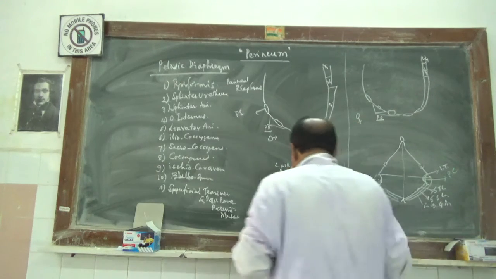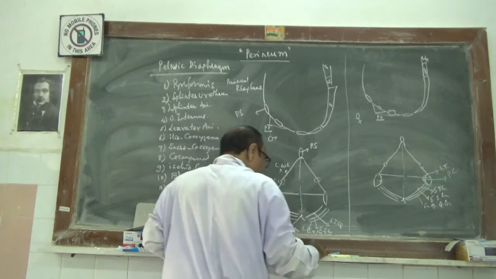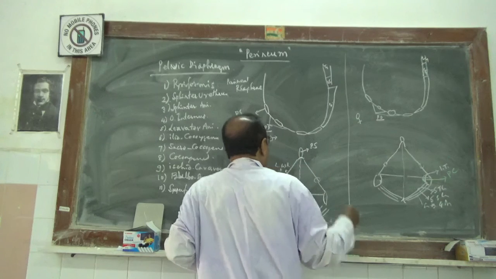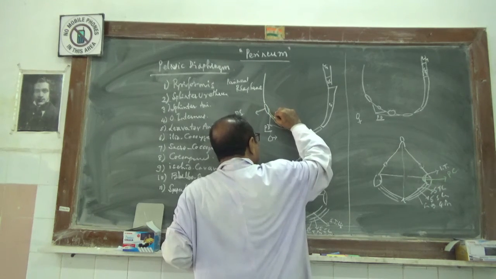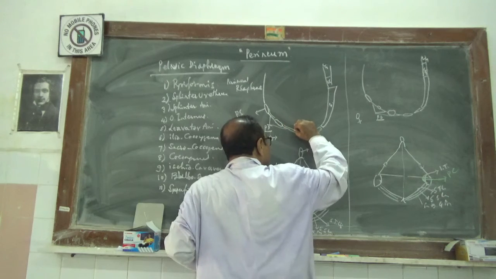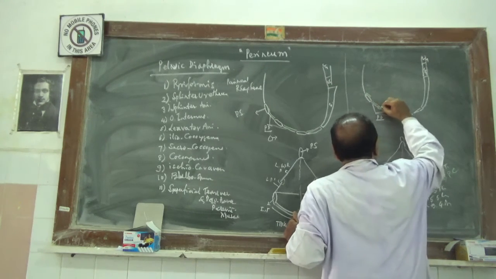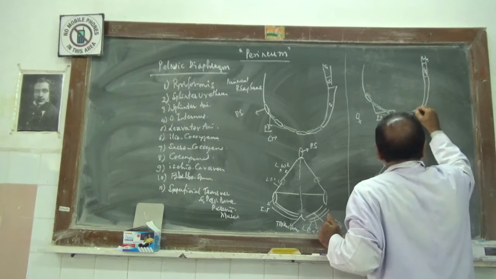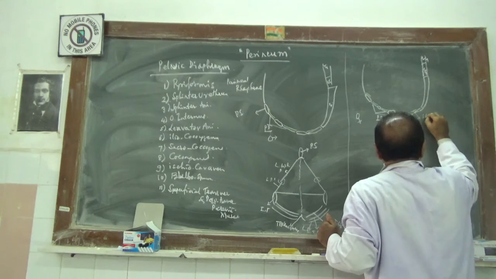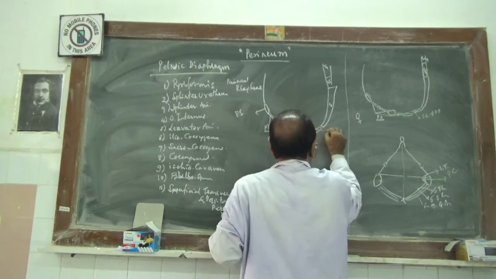Now this perineum, above, is limited by the superior layer of the pelvic diaphragm. This is the superior layer of the pelvic diaphragm.